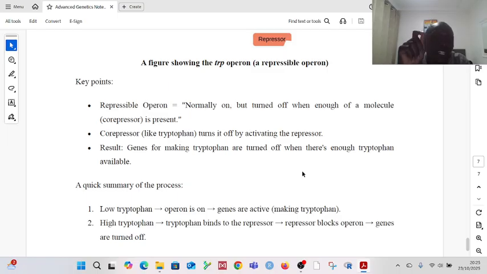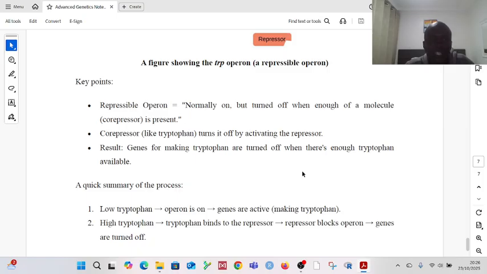But if there is a repressor that is activated on the operator, then the path of the RNA polymerase on the promoter is blocked. Now it cannot pass and transcribe the genes. So the result of all this is that genes for making tryptophan are switched off when there is enough tryptophan in the environment.